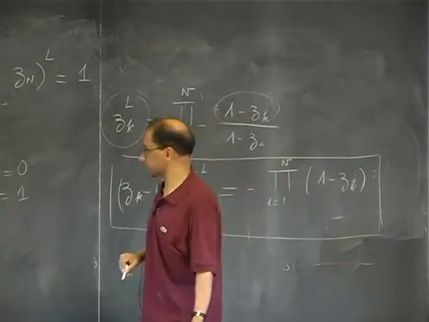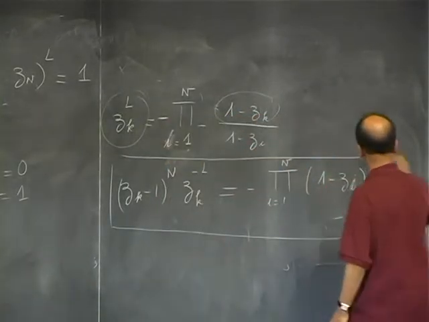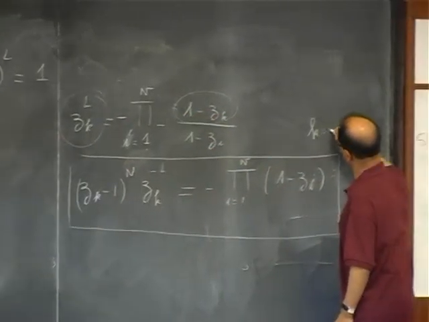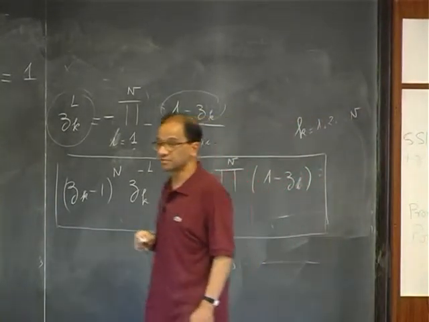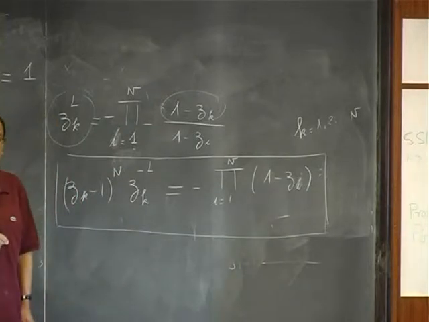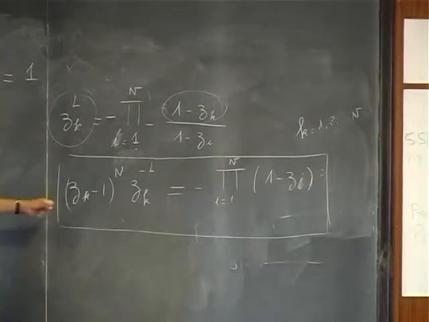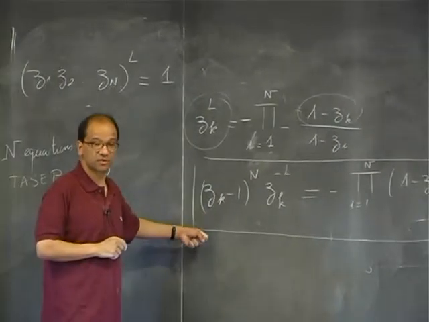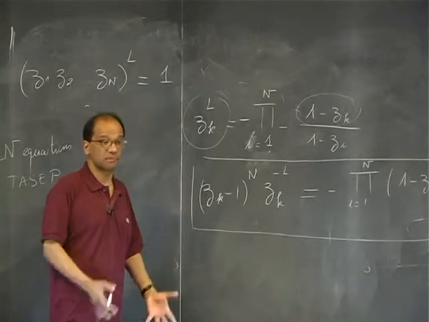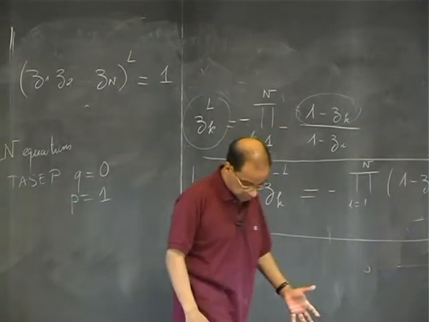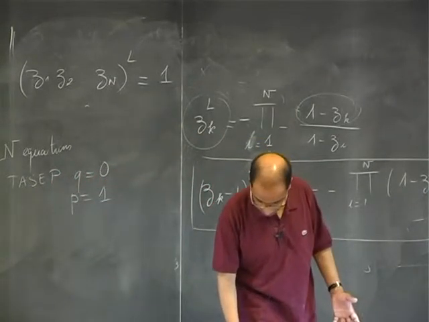What do you observe? So there is an equation for all k's, for k equals 1, 2, up to n. What do you see in these equations? I have to write an equation for z1, for z2, for z3, for zn. And I have to solve them together. These are coupled equations. But what do you observe?